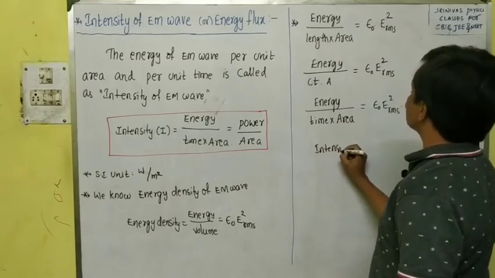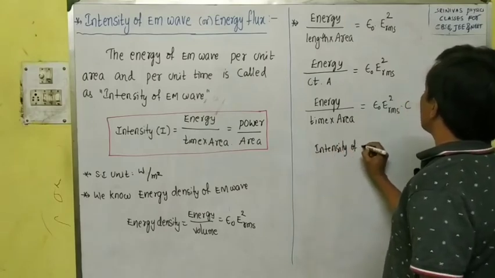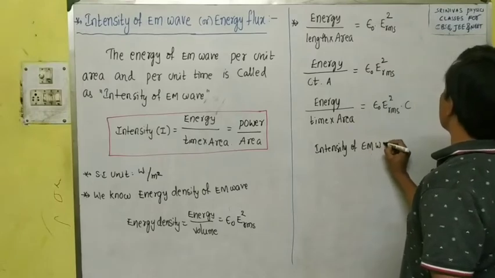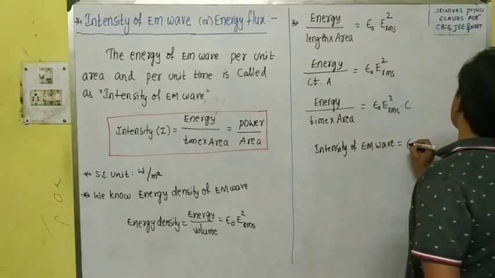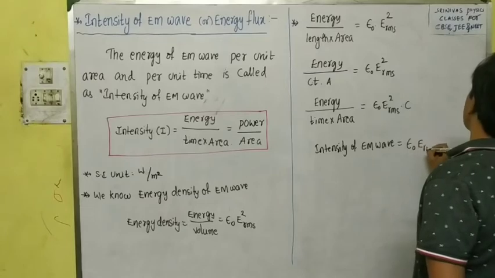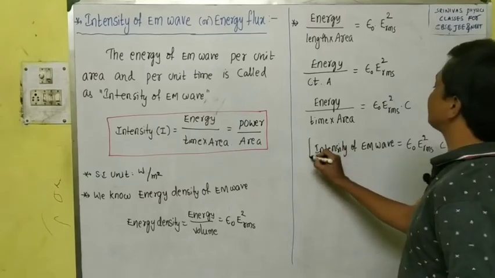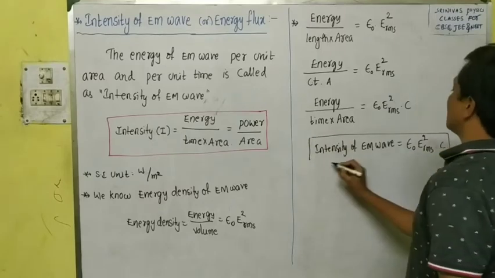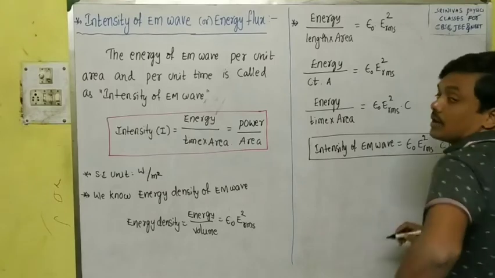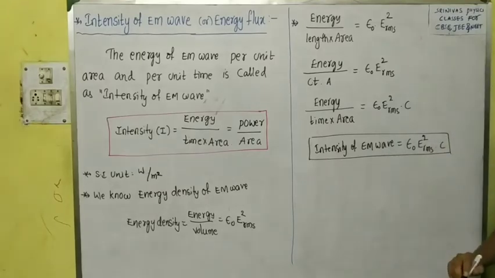This is the intensity of EM wave. Intensity of EM wave is equal to epsilon naught ERMS square into c. This is the formula for the intensity of EM wave.